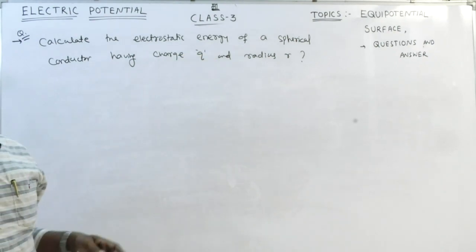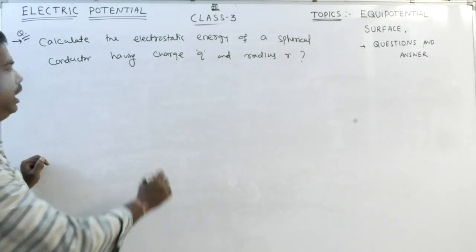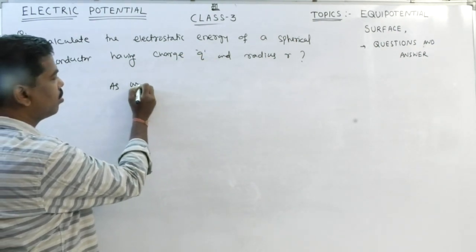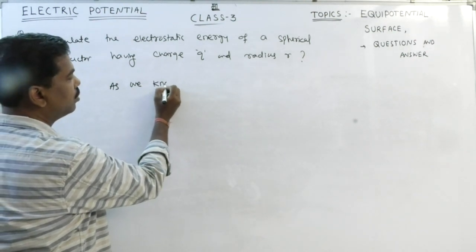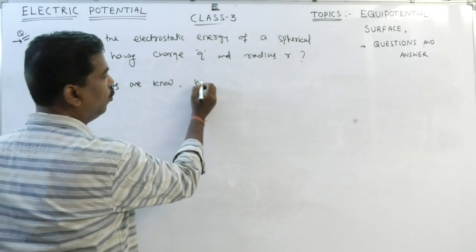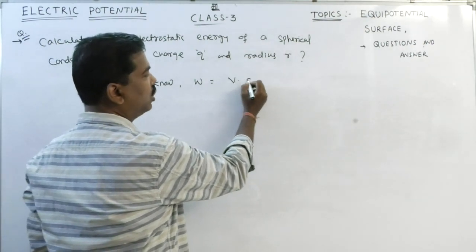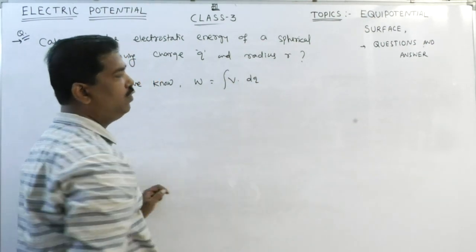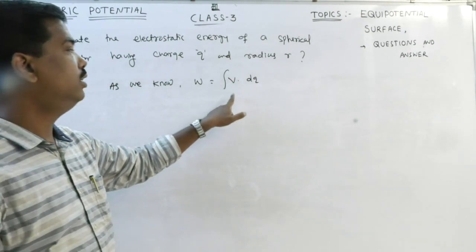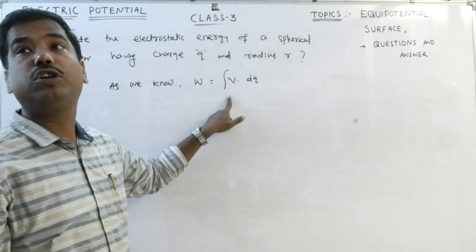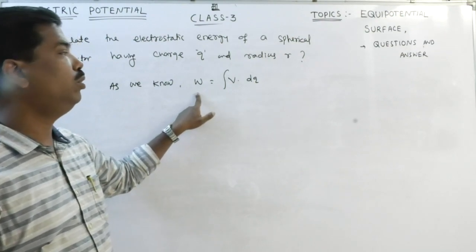It is asking for electrostatic energy. As we know, work done is equal to potential difference into dq. If dq is the amount of charge flowing through the potential difference V, then the amount of work done will be W.